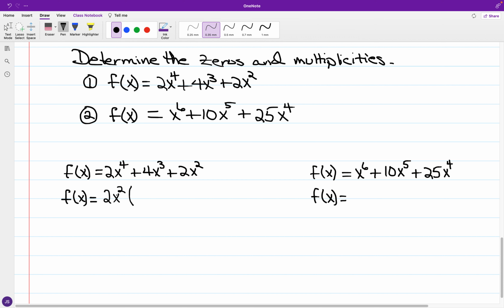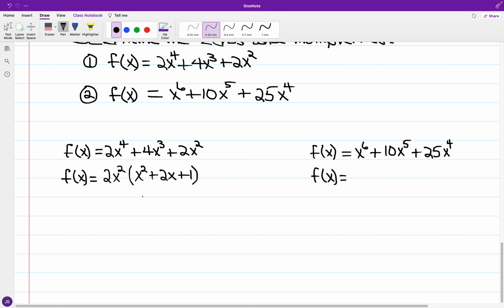then in the process of expressing in factored form, you've got 2x squared times the trinomial. So this is going to be x squared plus 2x plus 1. With 2x squared factored out, the trinomial that remains can be factored still. With x squared plus 2x plus 1, we're going to have an identical factor with x plus 1.